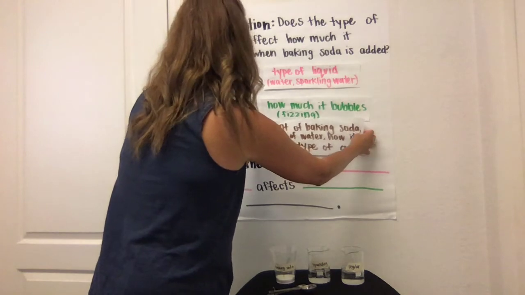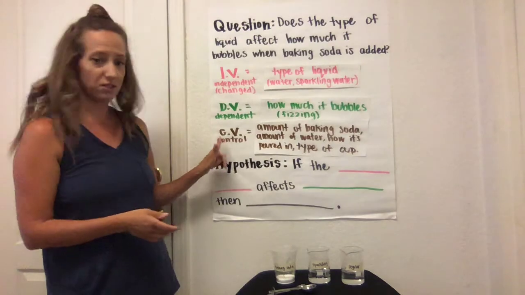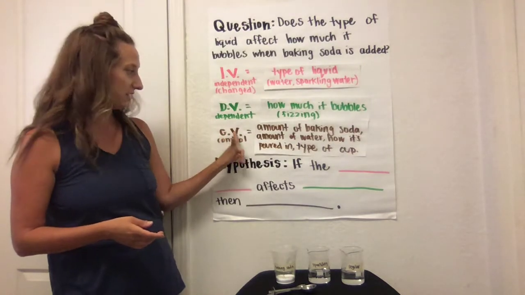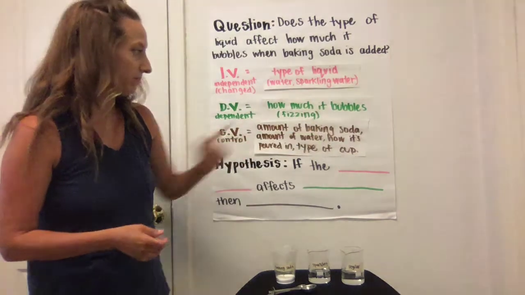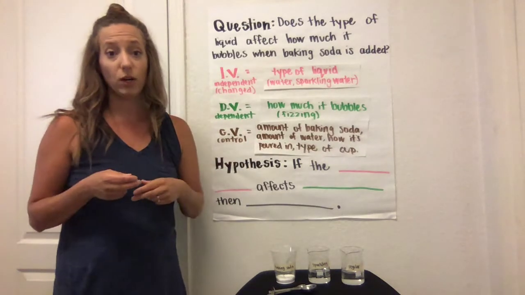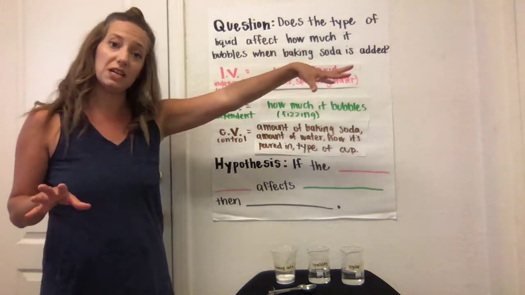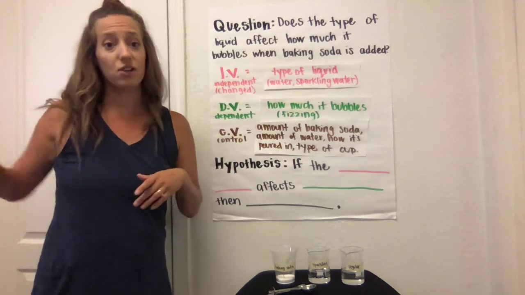So for this, and again, my control variables, we also call these CVs. I put the amount of baking soda I'm adding into each cup. The amount of water or liquid I have in each cup needs to be the same. I don't want to have one cup with 50 milliliters and another with 100 milliliters.